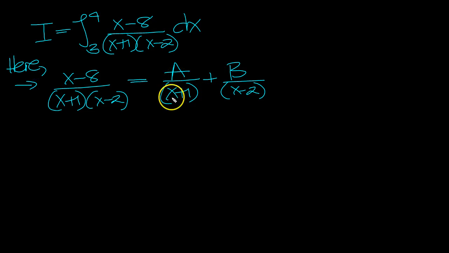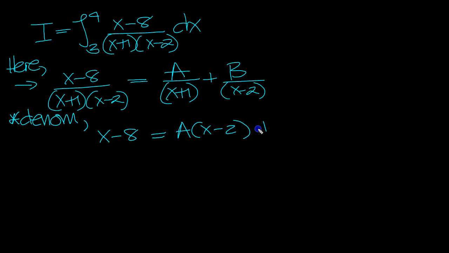So we write a over the first linear factor plus b over the second linear factor, multiplied by the denominator then. So this is just a standard thing to write. And we get this, cross multiply. Okay, we get that. Substitute convenient values now.